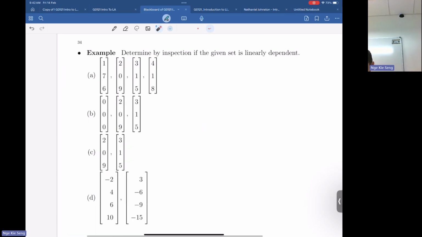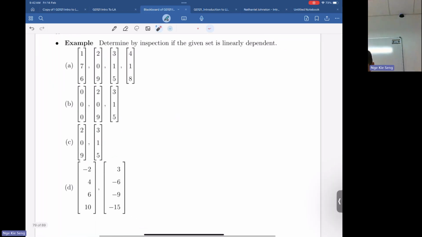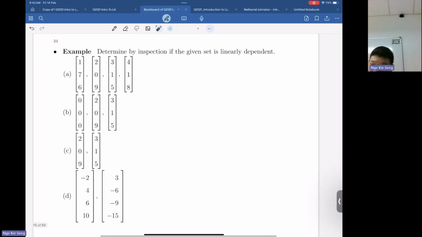So there's a lot of examples here. Should we quickly do this example? This example asks you to do it by inspection. Do you know what inspection means? Inspection means use your eyes and check. Can you quickly check whether the given set is linearly dependent or independent?